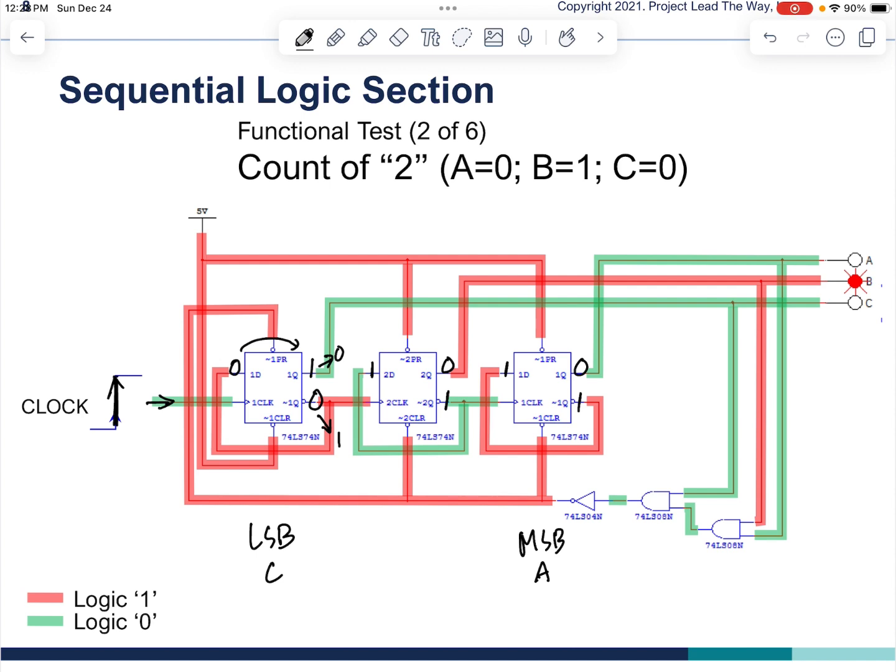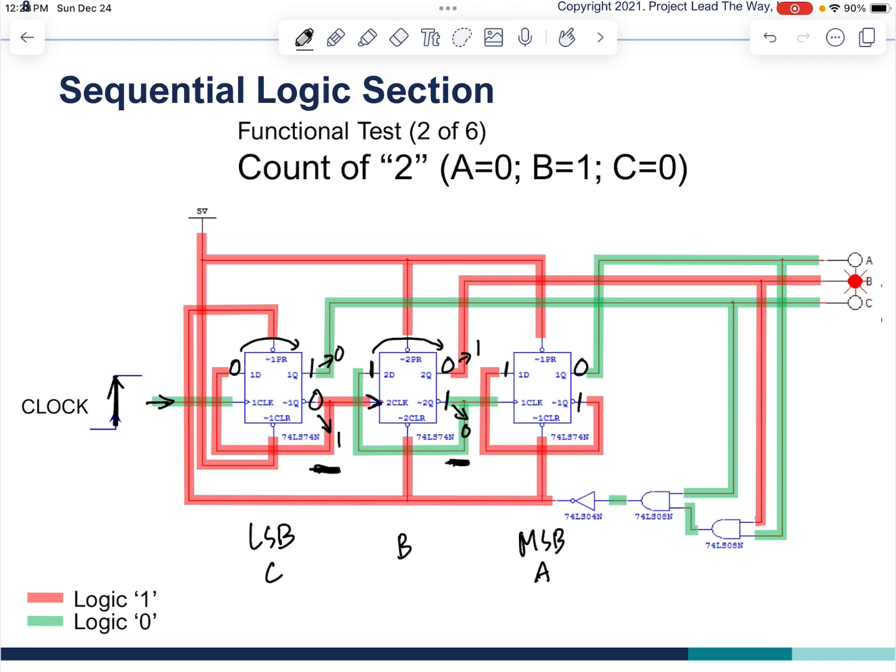And because 0 to 1 right here, okay, that's a rising edge for the B, and it has the 1 waiting at the door. The 1 will pass to the output, 0 will become 1, and 1 will become 0, and 1 becomes 0.